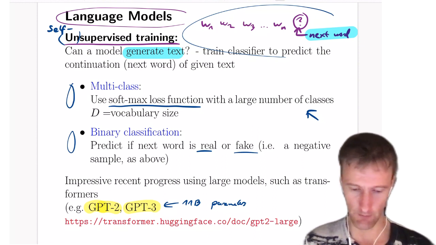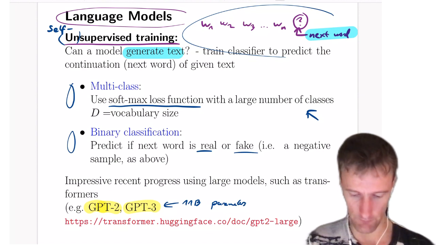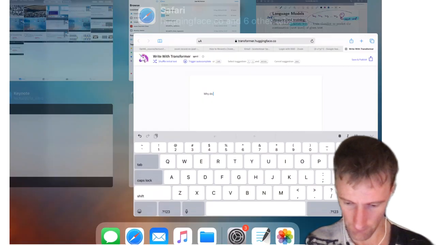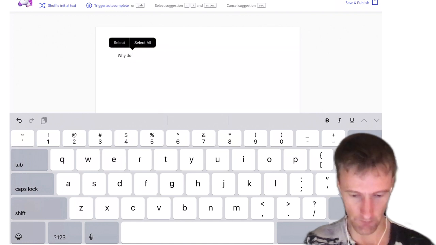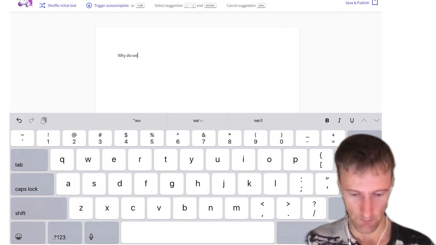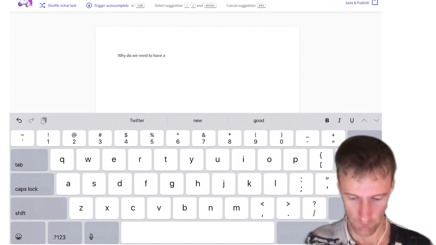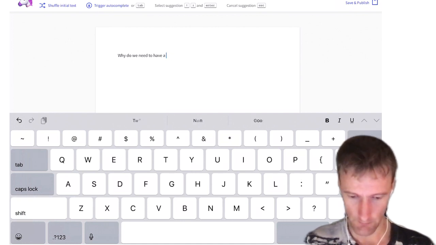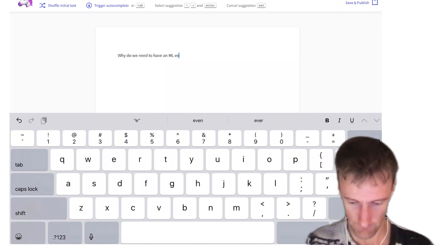And maybe we can have a short look at how to write with these things. What should I say? A machine learning exam. Why do we have to?